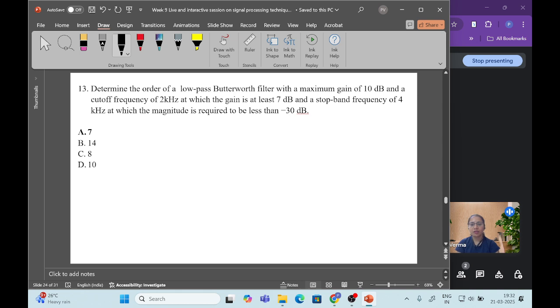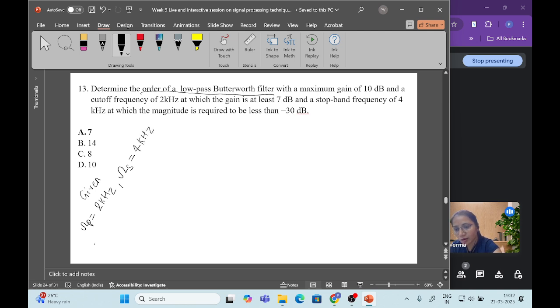Here we need to determine the order of the low pass Butterworth filter. Let's see what the given data is: omega p is equal to 2 kilohertz and omega s, the stop band frequency, is 4 kilohertz.